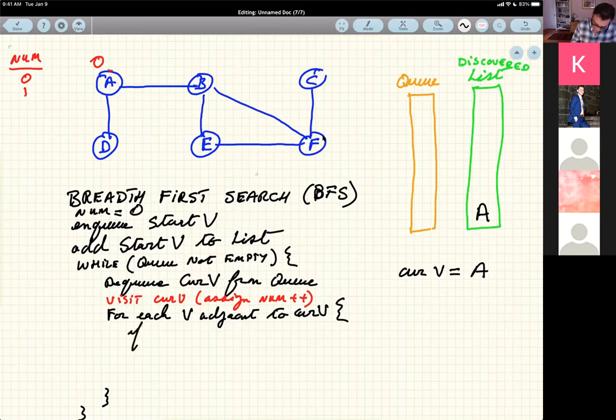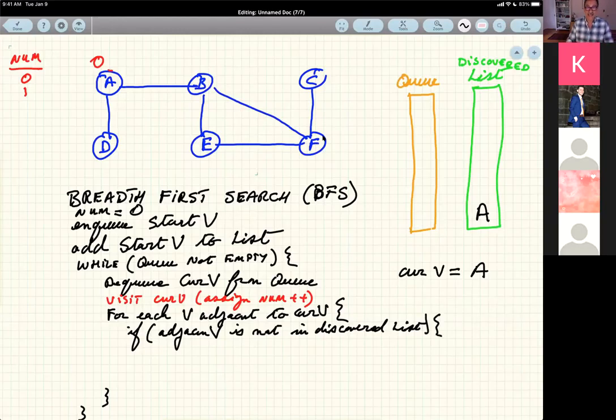If the adjacent vertex is not in the discovered list, okay, so what are the adjacent vertices to A? They are B and D, right? They are the two vertices that are adjacent to A. Neither of them is in the discovered list.